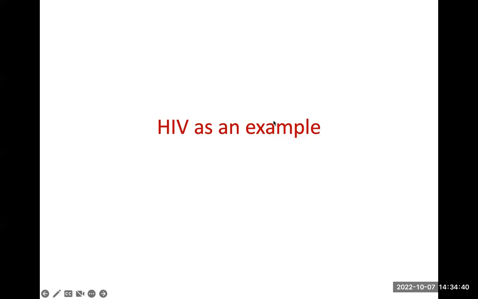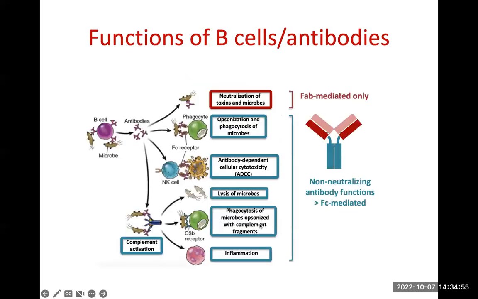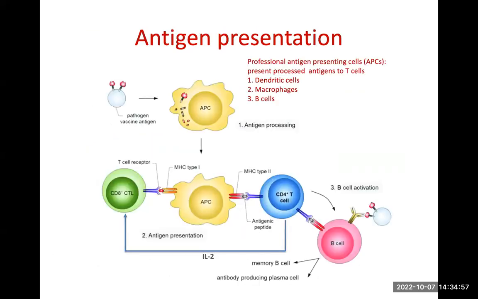Okay, I see Mohammed asking about major histocompatibility complex. Yeah, so that is the MHC molecule that I showed earlier. Let me just go back. So these proteins usually present those peptides.